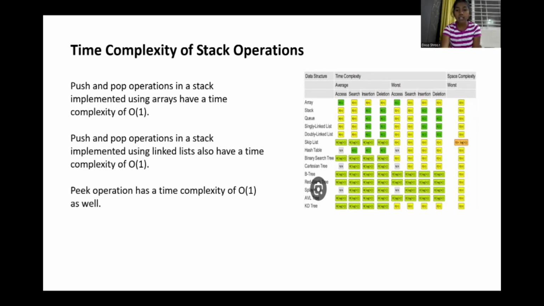When we come to binary search tree, we have O(log n). When we come to the Cartesian tree, it has n, a. And like that we have B tree, red-black tree, splay tree, AVL tree and KD tree also. You can see the space complexity and worst case also here.